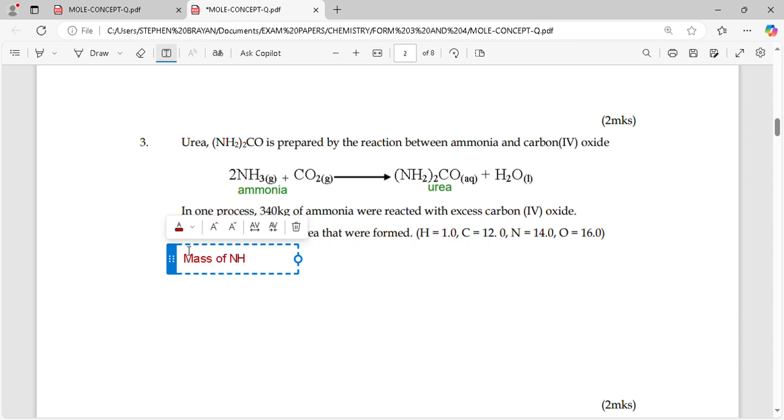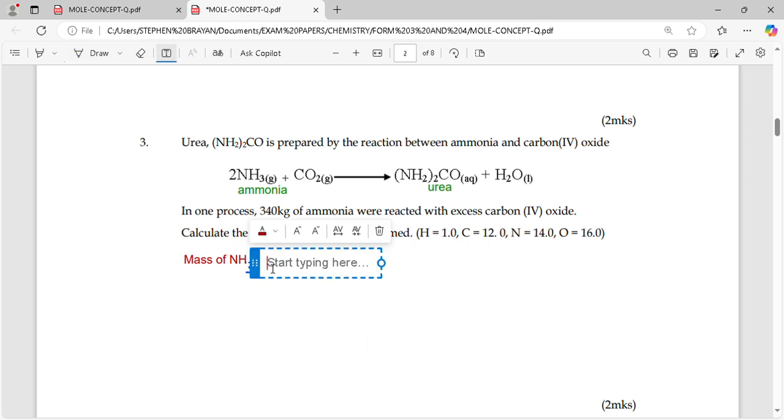For this case, our mass of ammonia is equal to 340 kg. That is very important.